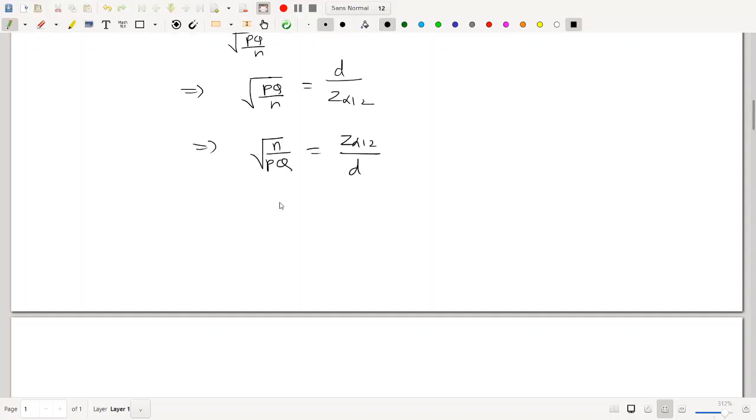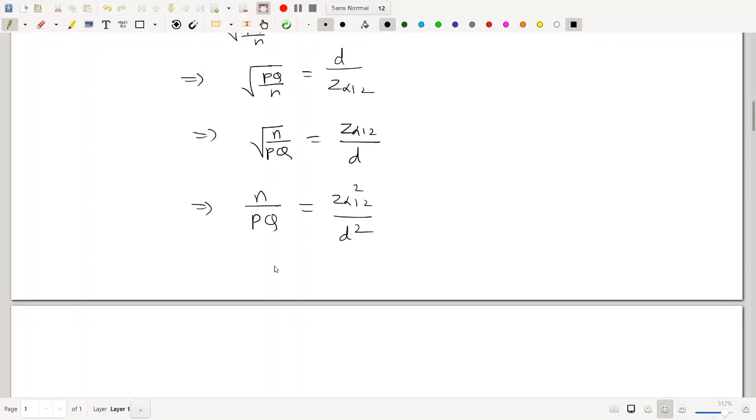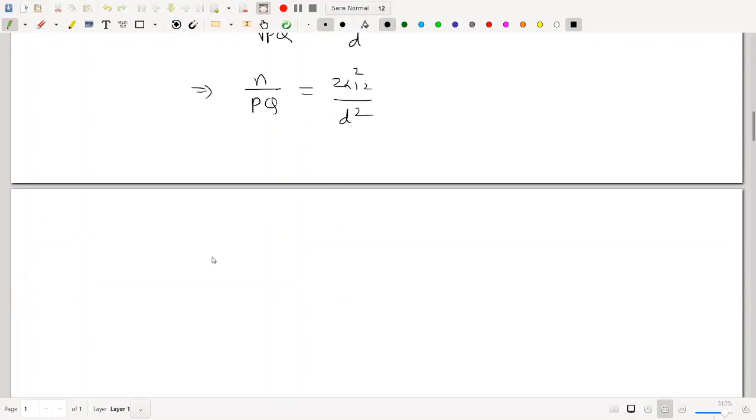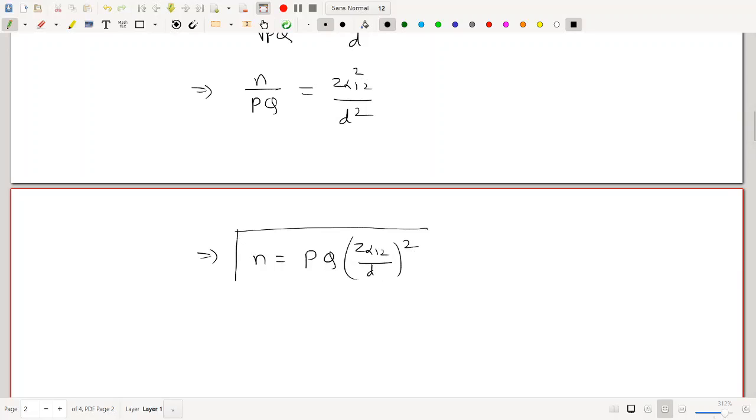Take square on both sides. After taking square, this will be n upon PQ is equal to z alpha by 2 square upon d square. Send this PQ to this side, then we will get the formula for sample size. So n is equal to PQ into z alpha by 2 by d, whole square. So this is the formula for sample size.